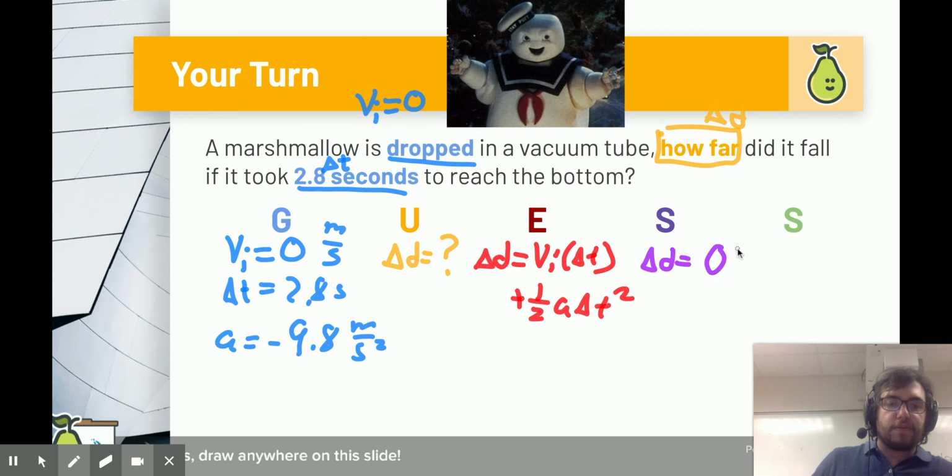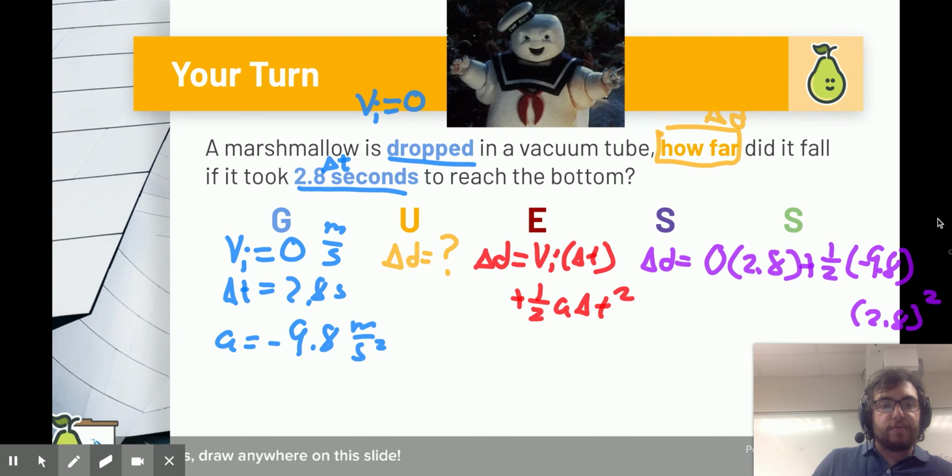VI is 0 times 2.8 plus 1/2 times negative 9.8 times t squared, which is 2.8 squared. If you got this far, you probably did the calculations right, so we're going to go ahead and move on.